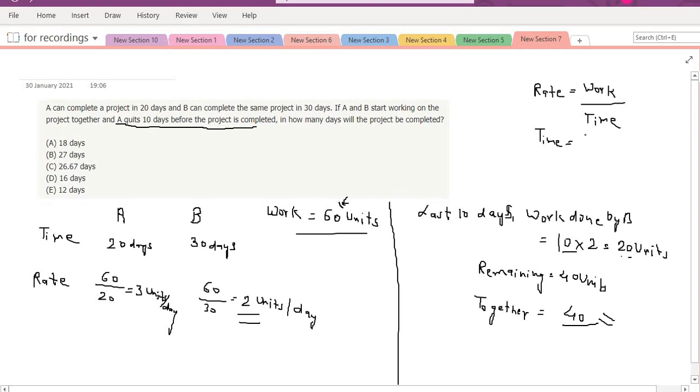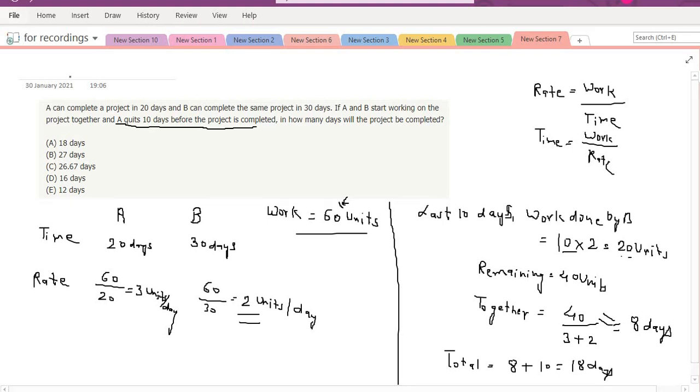Time is equal to work divided by rate. So this is 40 divided by the rate of A, which is 3, plus the rate of B, which is 2. So this is 40 divided by 5, which is 8 days. The total time taken would be 8 days for the first 40 units plus 10 days for the last 20 units, so that would be 18 days.